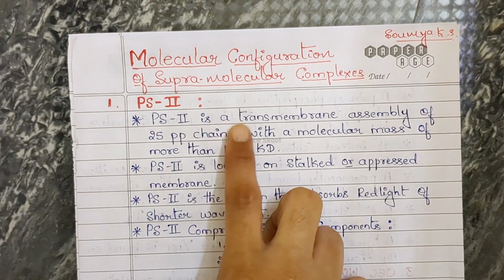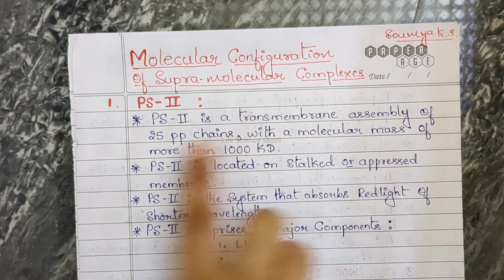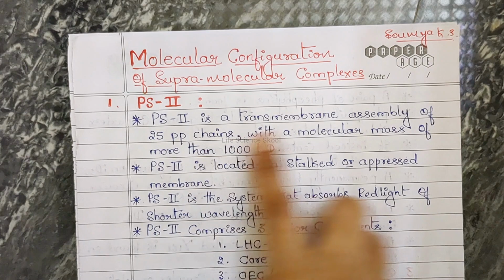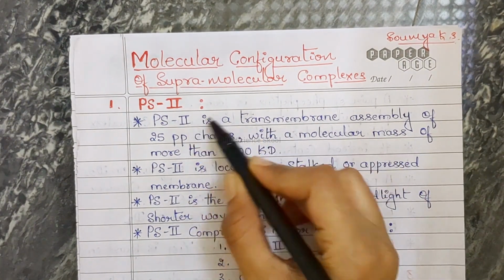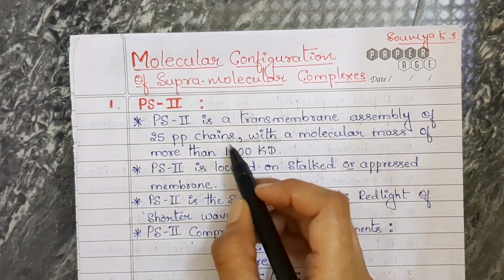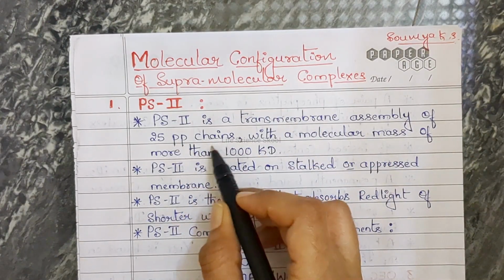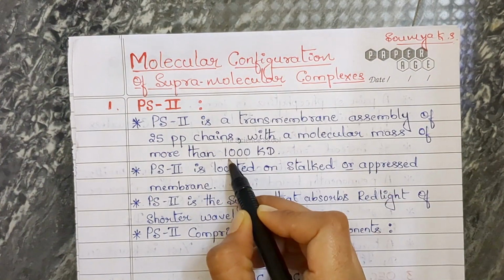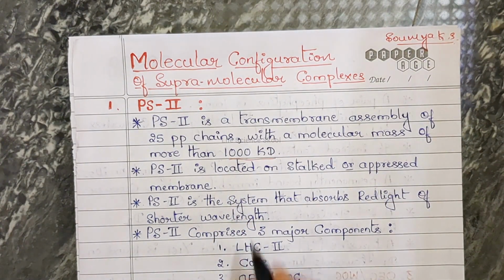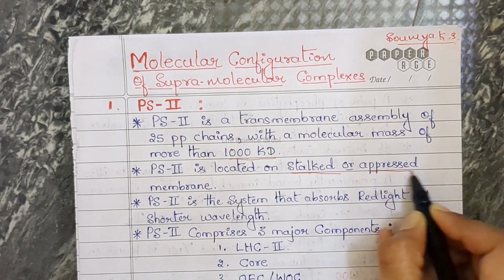This PS2 is a transmembrane assembly of 25 polypeptide chains with a molecular mass of more than 1000 kilodalton. PS2 is located on stacked or appressed membranes.